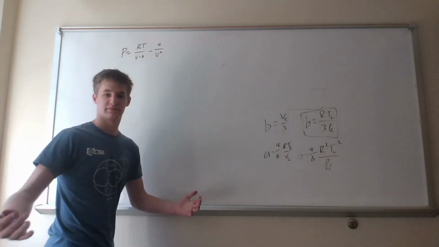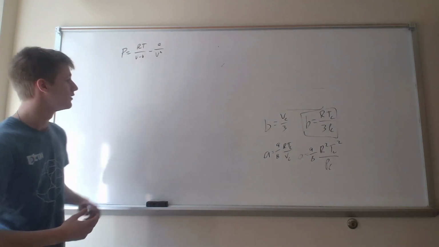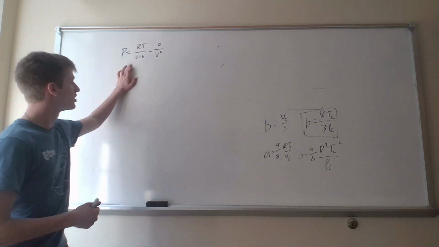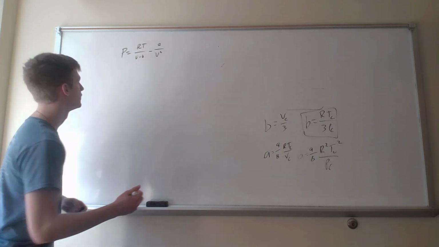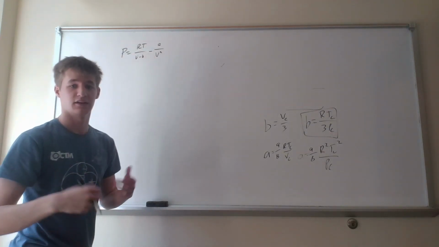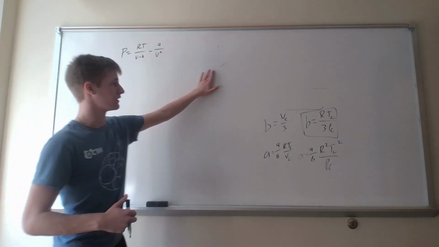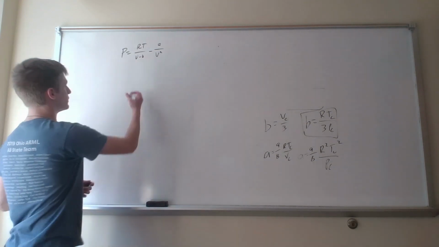And so now I'm going to find the compressibility factor. So we have this original equation here, P equals RT over V minus B minus A over V squared, right? If we write in B and A and evaluate at the critical point, because we are finding the compressibility factor at the critical point, so that's where we're evaluating it.